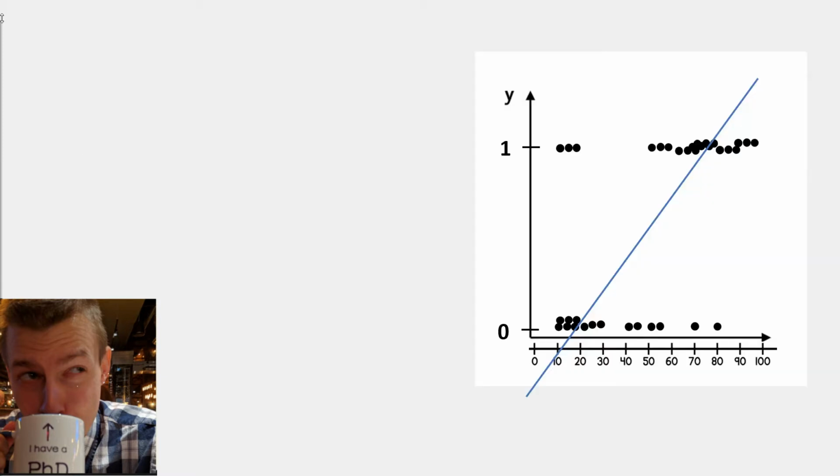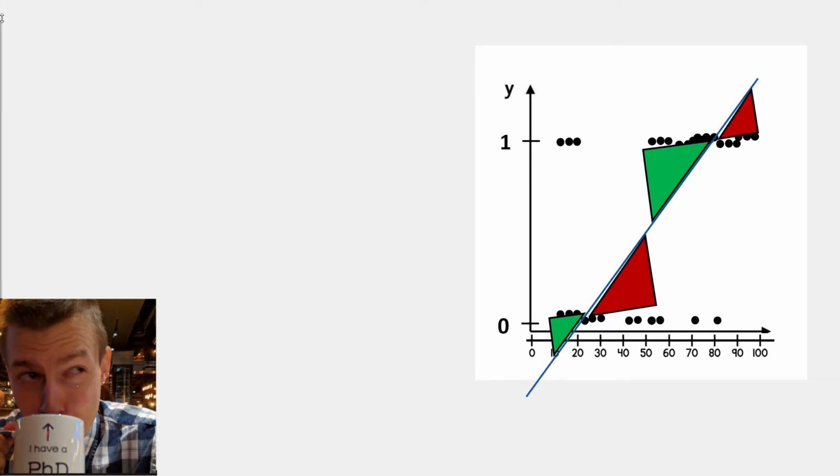When we're dealing with categorical outcomes, one problem we deal with is heteroscedasticity. Errors are not distributed normally around each x value, with pockets of positive residuals in green where we're predicting too high with our model, and negative residuals in red where we're predicting too low.